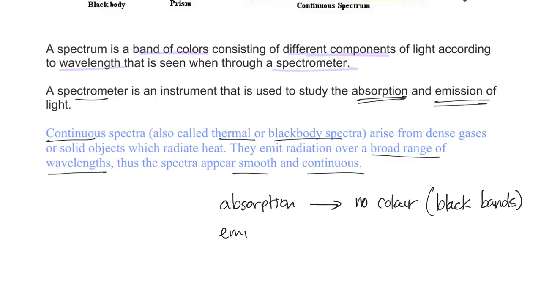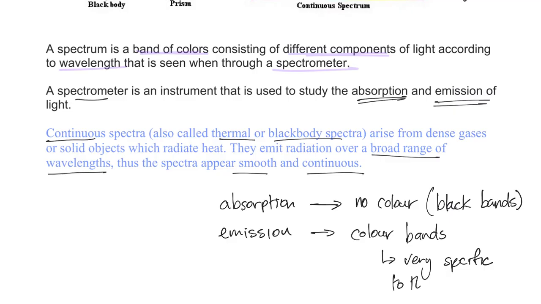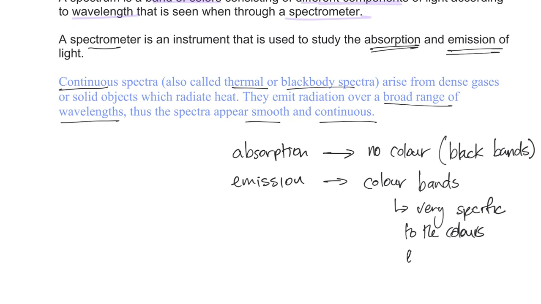When I see emission, I'm going to see color bands. And these color bands are very specific to the colors emitted by that specific atom.